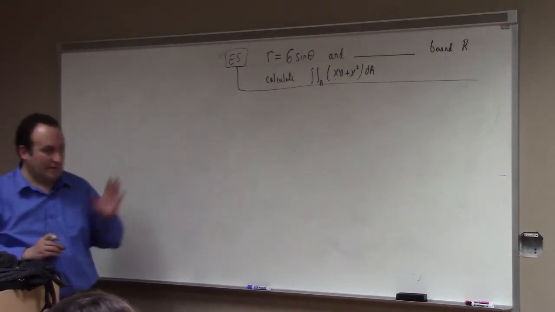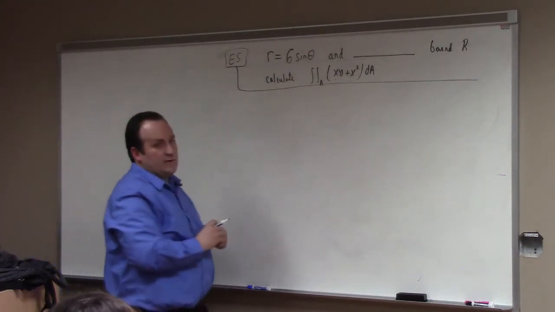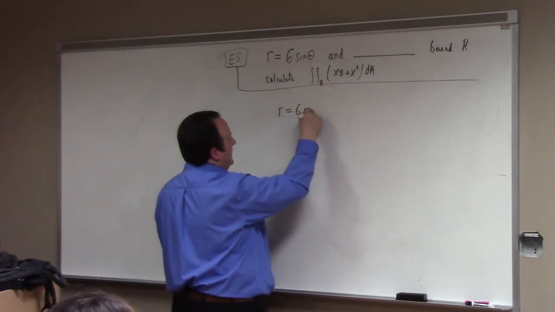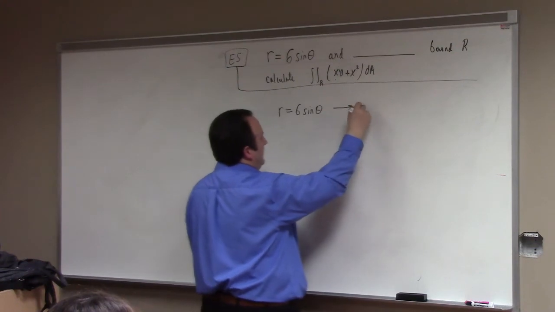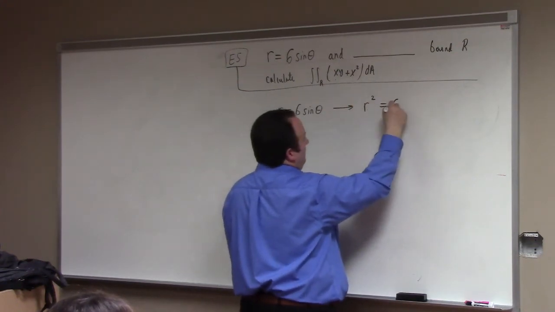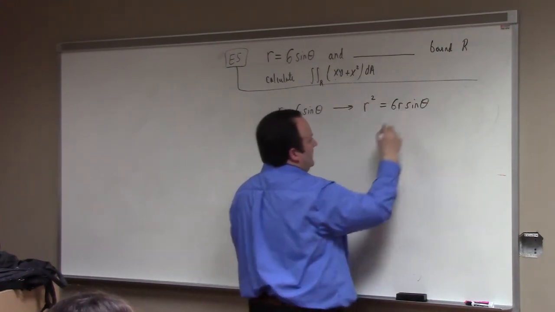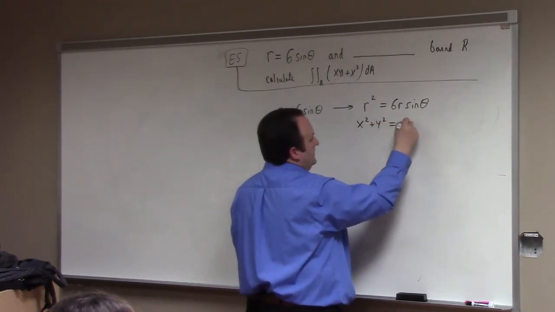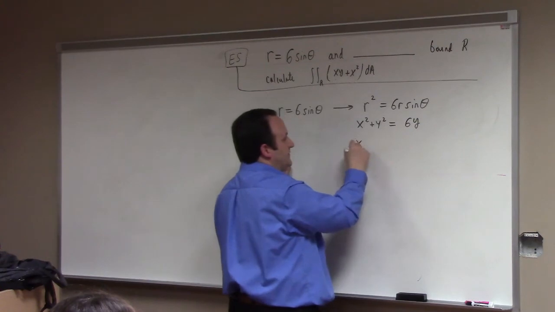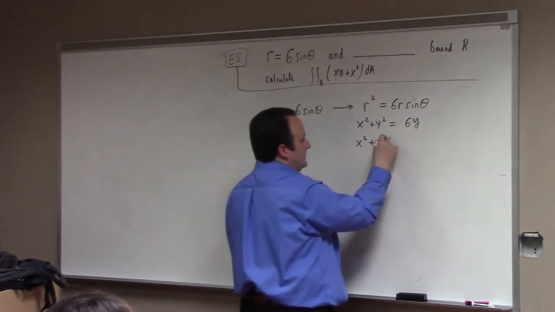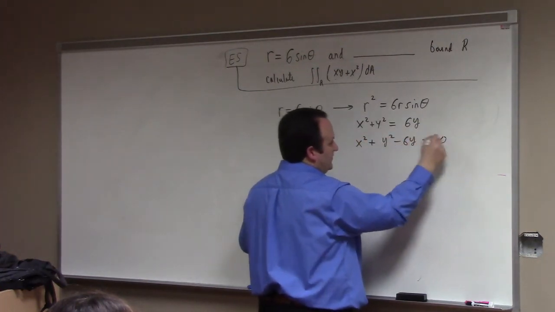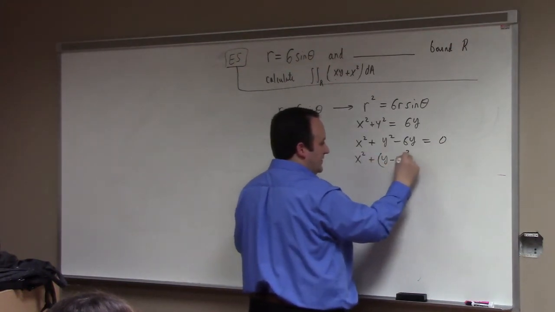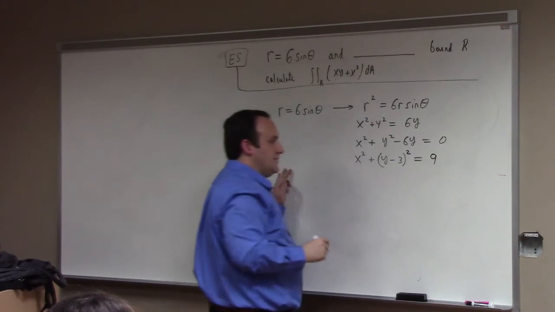All right, anyway. So what does r equals 6 sine theta look like? That's what I want to talk about. The way I understand something like this is to multiply by r, right? And then x squared plus y squared is equal to 6y, right? So x squared plus y squared minus 6y is equal to 0. So x squared plus (y minus 3) quantity squared is equal to 9, completing the square.